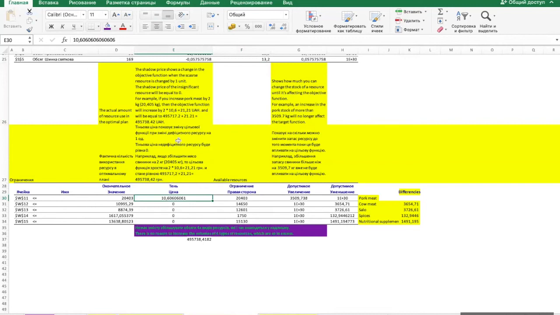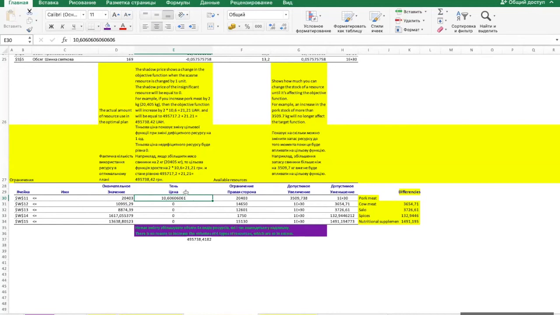If you increase pork meat by 2 kilograms, so that it will be equal not to 20,403 kilograms but to 20,405 kilograms, our objective function will increase by this delta of kilograms multiplied by the shadow price, and it will be equal to 21.21 UR.